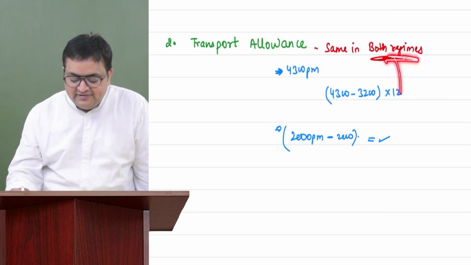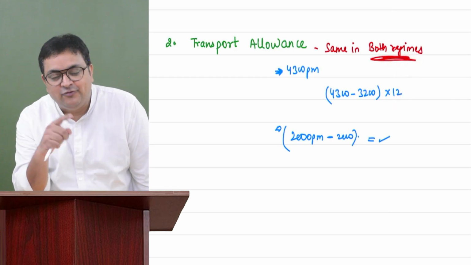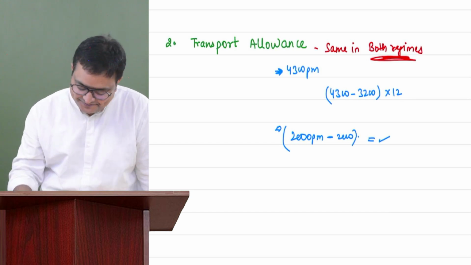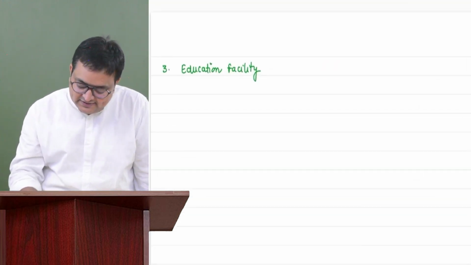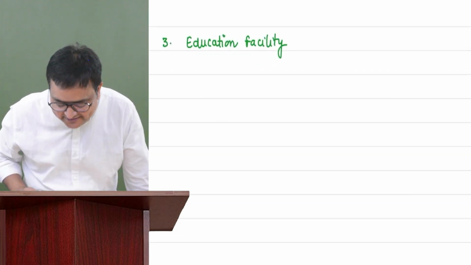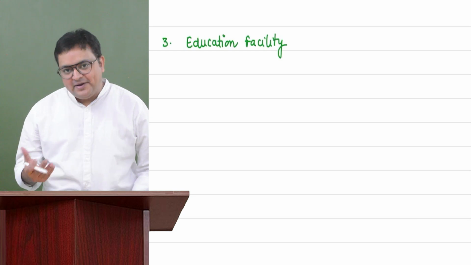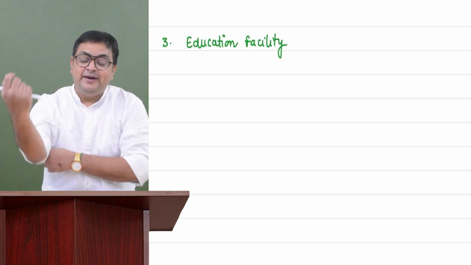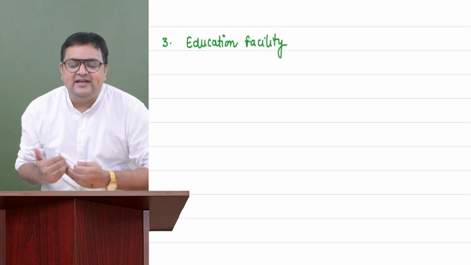Please, for physically handicapped, do not make it fully taxable under the default regime, because the treatment is the same under both the regimes. Okay. The third is education facility, an important one. See, this is a perquisite which the assessee is receiving from the employer, so it depends on who is getting this education.